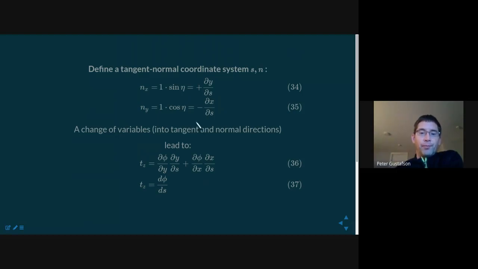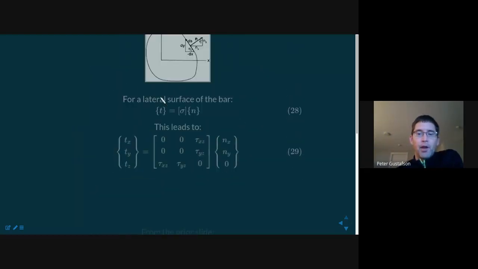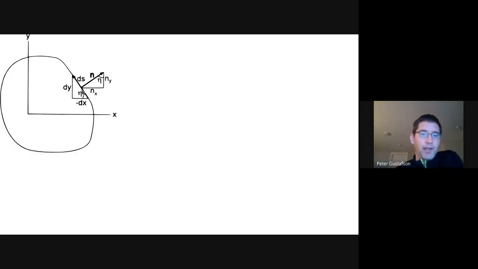Okay, if we look at what this normal vector is, it has 2 components. We know there's no z component of this particular normal because the z axis is aligned with the long axis of the shaft. And I think I will go through the mathematics, just to give you one more look at it. Here, again, you can see that the angle eta can be related to the normal.